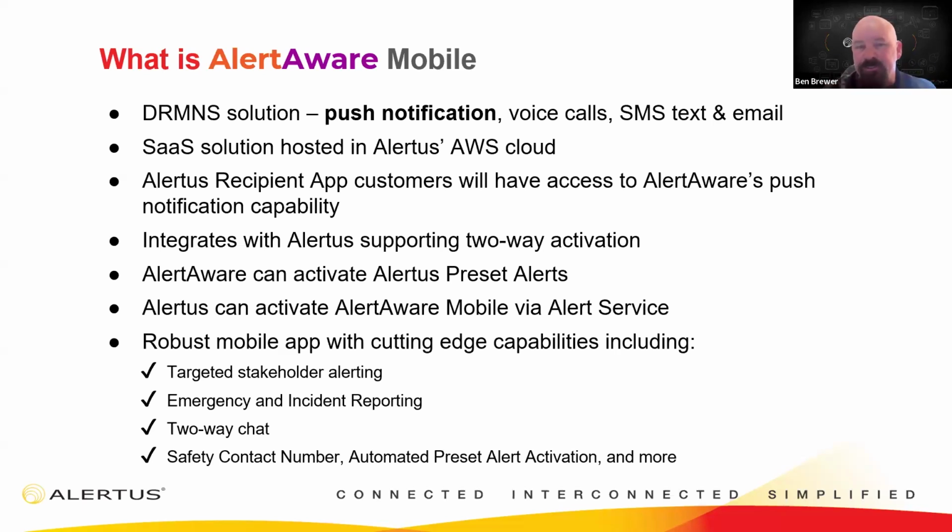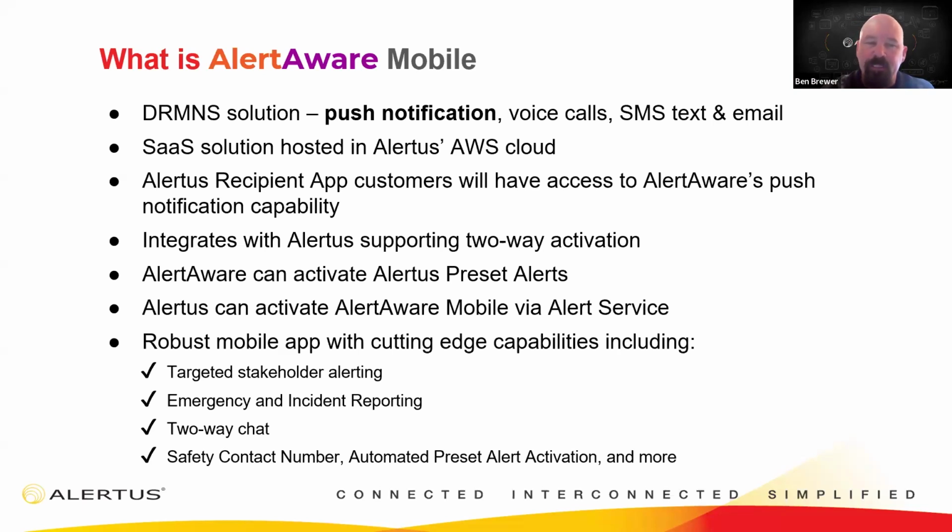Or in other instances, you can actually establish it to where when a stakeholder initiates an incident report on the AlertAware mobile app, it automatically initiates one or more preset alerts within the Alertus notification system. So again, that dynamic edge alerting that Alertus does support, that is fully apparent and still available to you with the migration to this new mobile app.